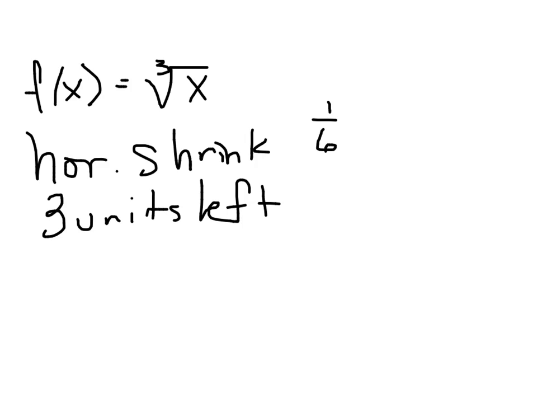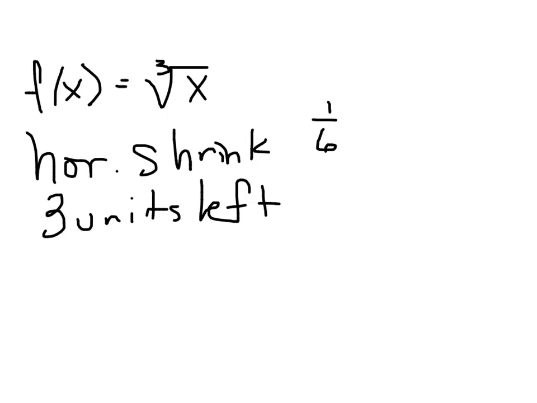Okay, so again, horizontal shrink. What does that mean? What operation does that mean? Multiplying it, but where? On the inside, and when it says 1/6, we actually multiply it by 6.